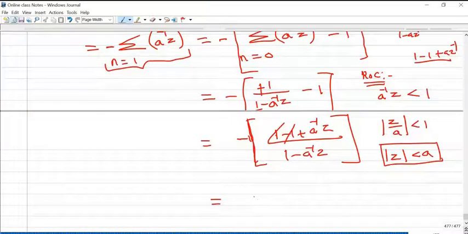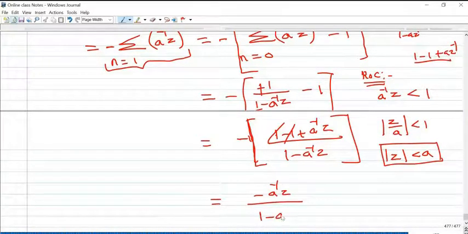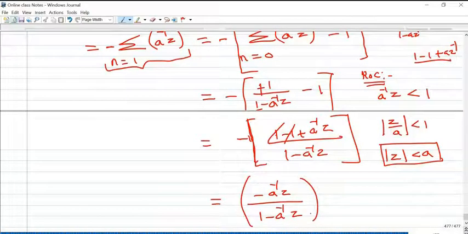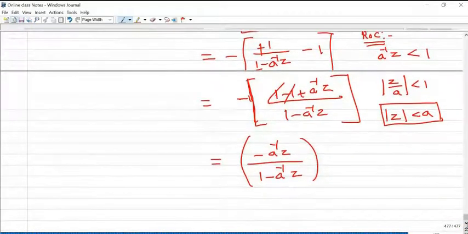So your result would be minus A inverse Z divided by 1 minus A inverse Z. Okay. So this is your Z transform result.